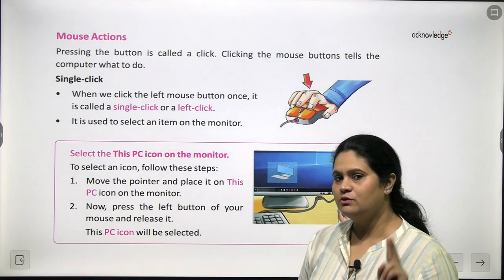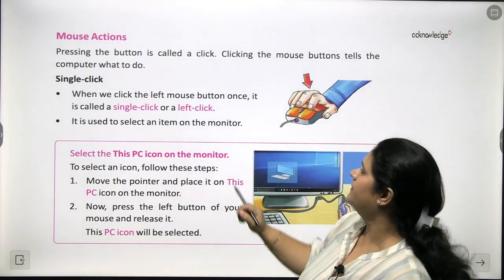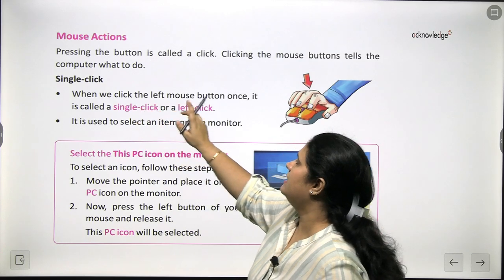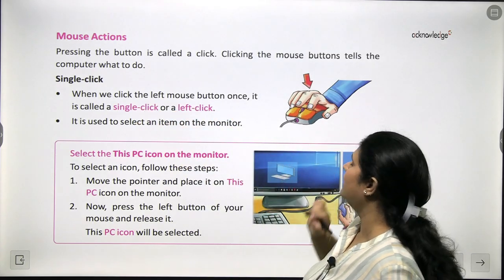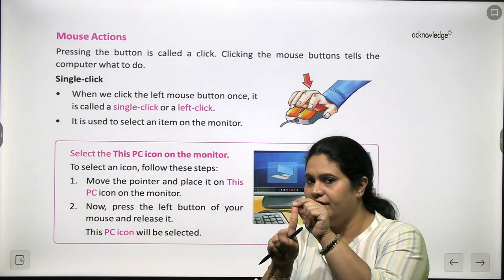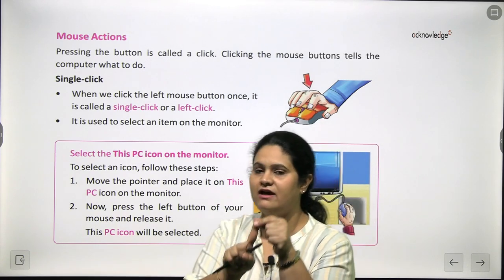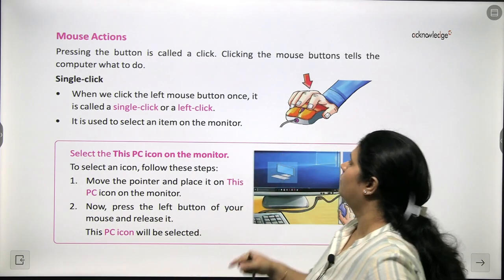Right? You can use your mouse for single clicking. How do you use it? When we click the left mouse button, this is your left mouse button on which you place your index finger, right? You place your index finger on the left mouse button. What happens?